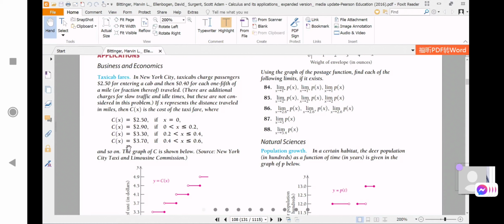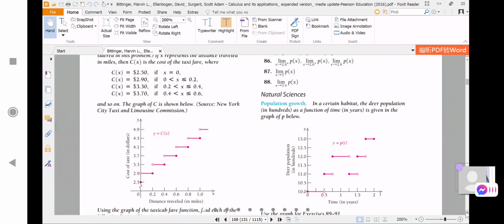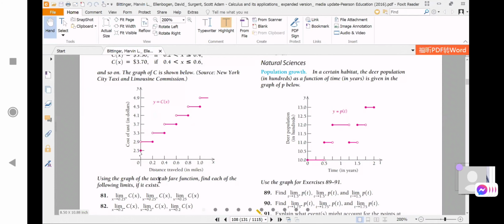So we have the cost function defined by this formula, and you can draw this graph. The question is, using the graph of the taxi cab fare function, find each of the following limits.